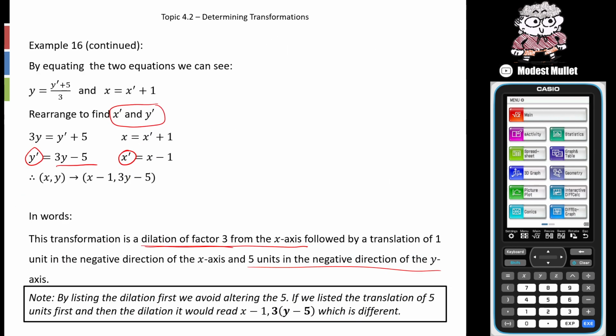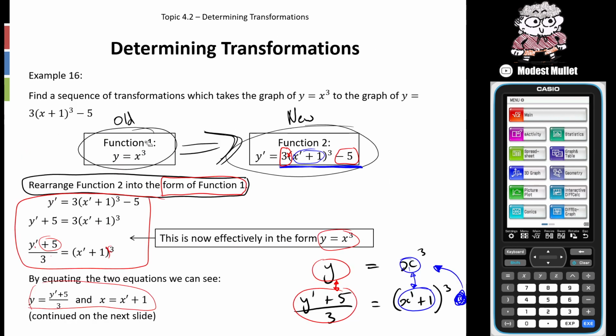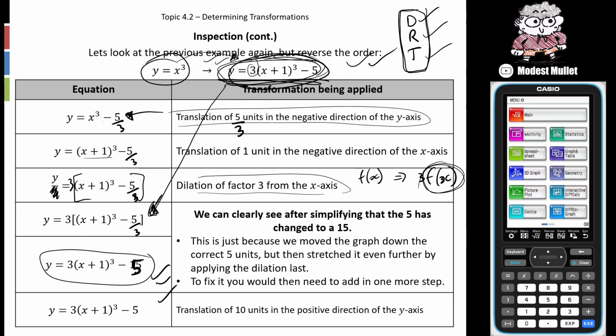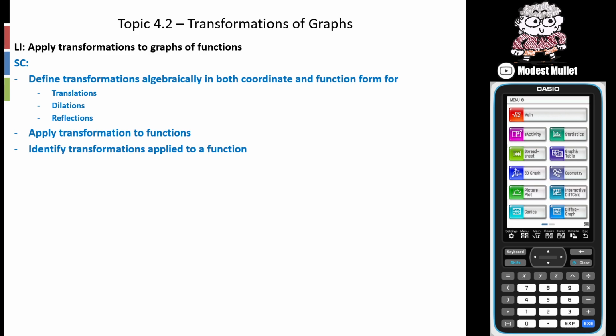Otherwise, you can always fall back to your dash method, and that's why we teach both ways. Applying transformations with inspection, if you remember the rules, is very quick, but identifying transformations is much harder. That brings us to the end of transformations of graphs.